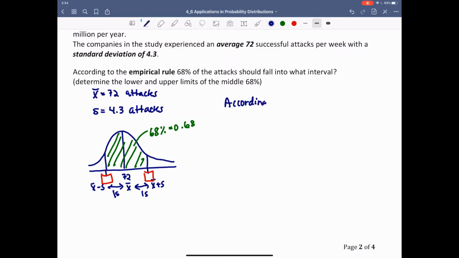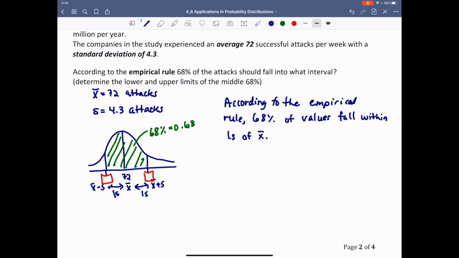So according to the empirical rule, 68% of the values fall within 1 standard deviation of your mean.